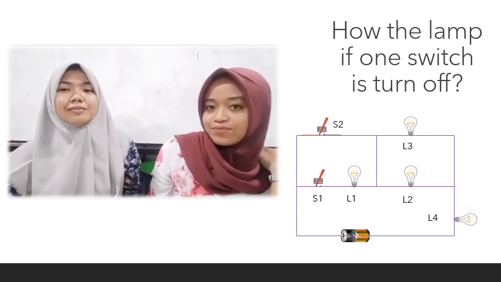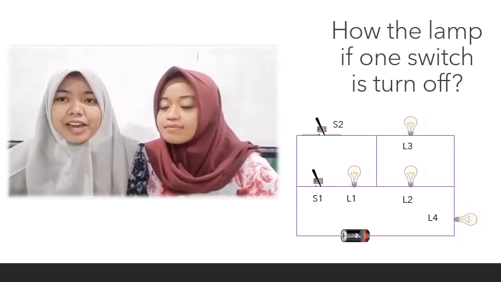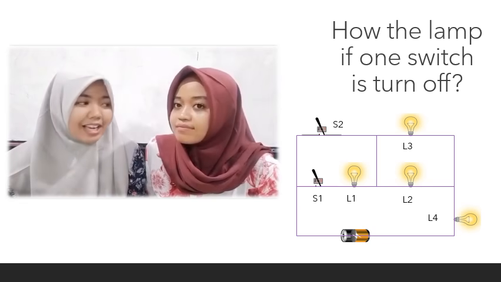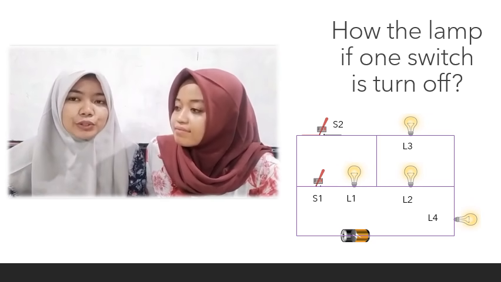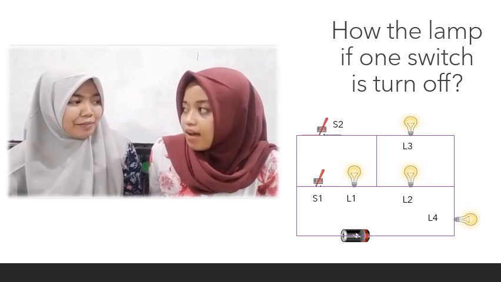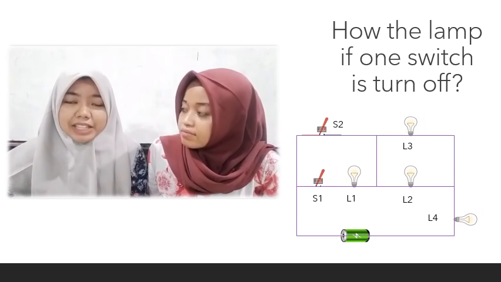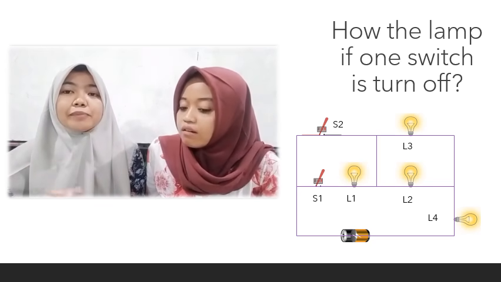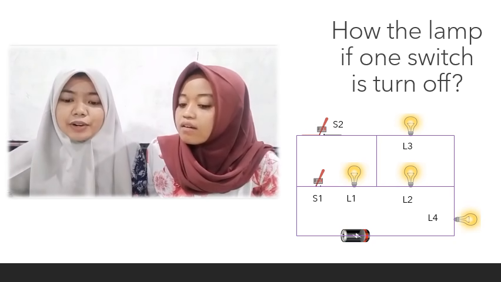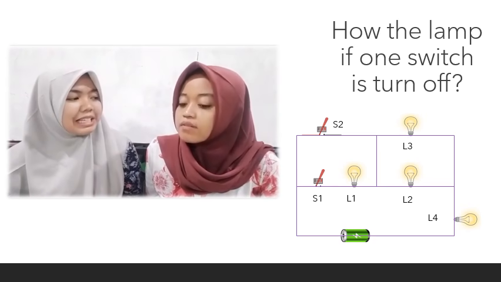If switch 1 is off and switch 2 is turned on, the electric current will flow to lamp 3 without going through lamp 1 because switch 1 is off. At lamp 3, it divides again with lamp 2 because there is a branch. So the electric current will meet again before flowing into lamp 4.